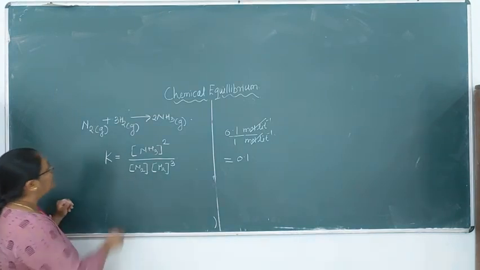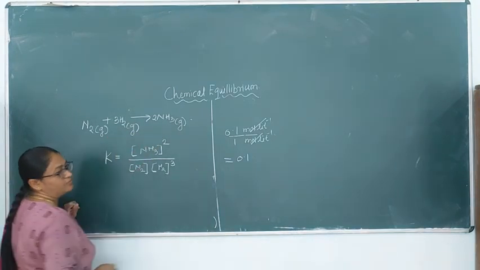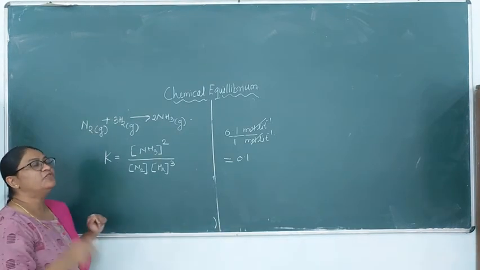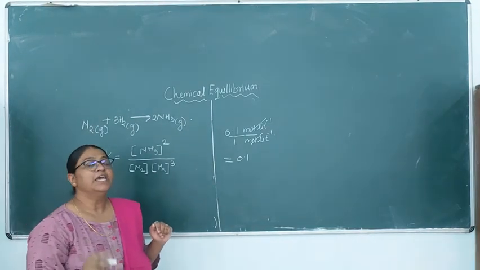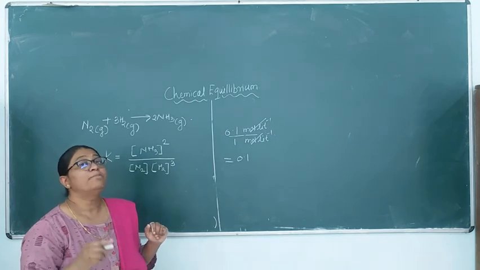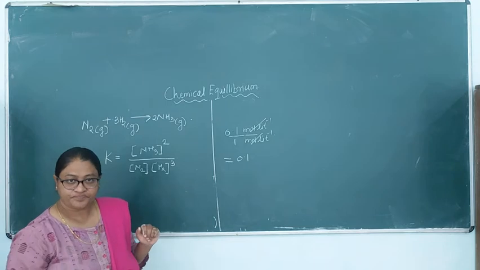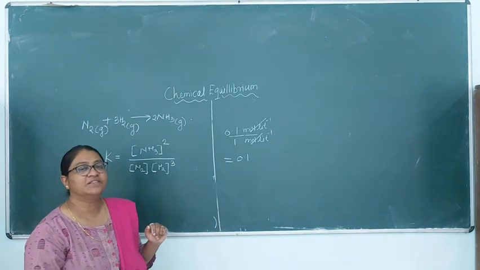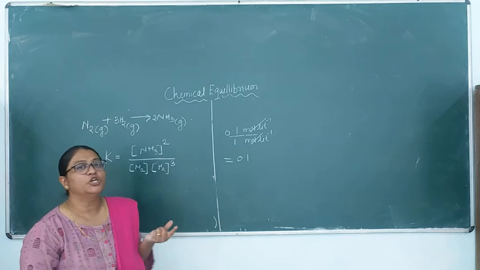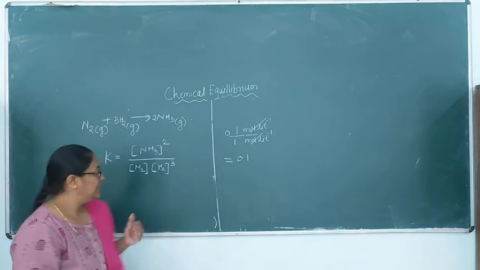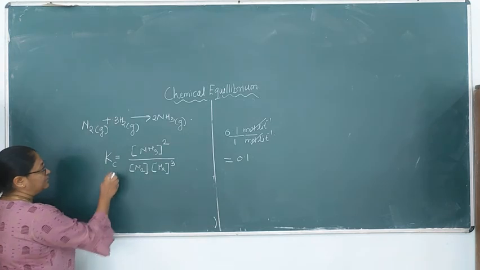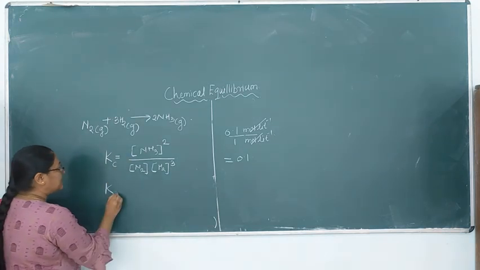But as here they are all in a gaseous form, instead of considering the concentration in moles per liter, if we consider them in terms of partial pressure, and this partial pressure is divided by 1 bar, again the unit gets cancelled and you get a unitless pressure. Therefore the earlier one is termed Kc, because the concentrations are considered.